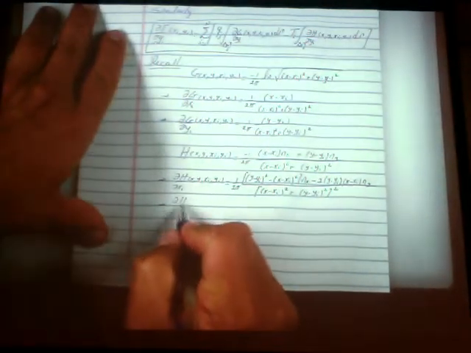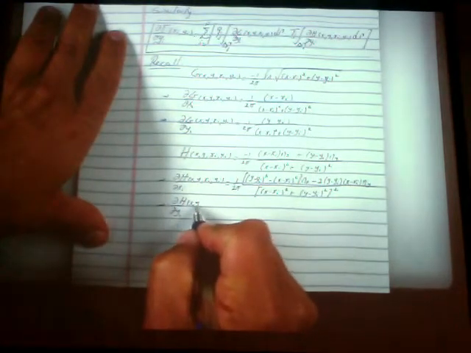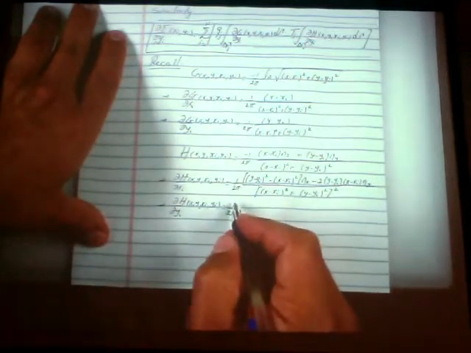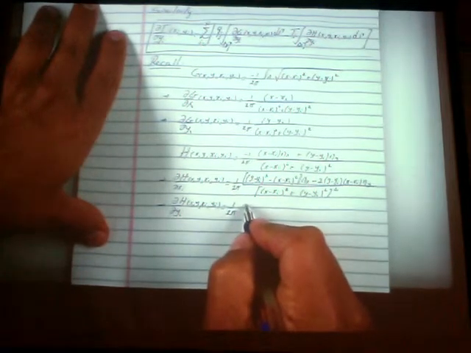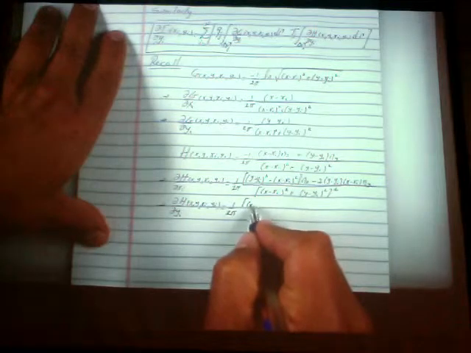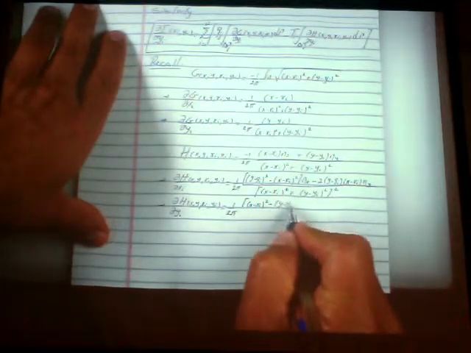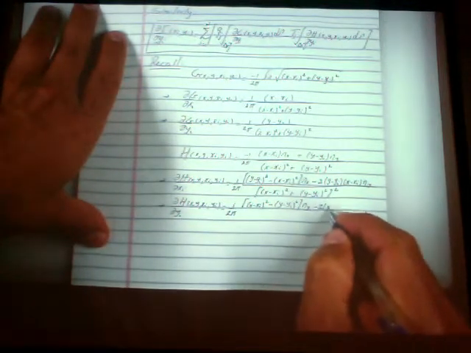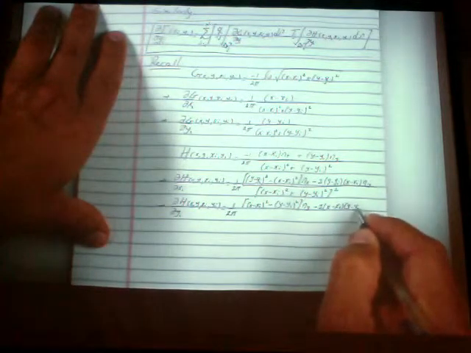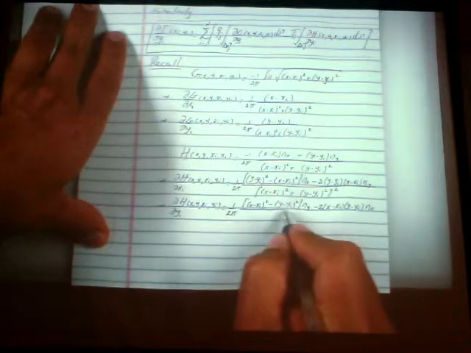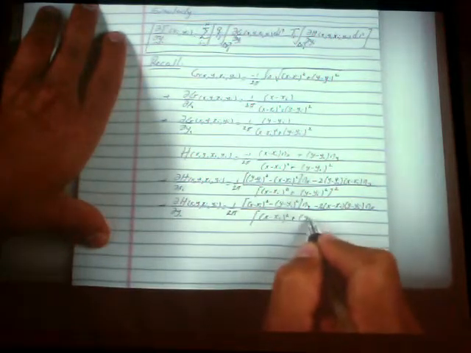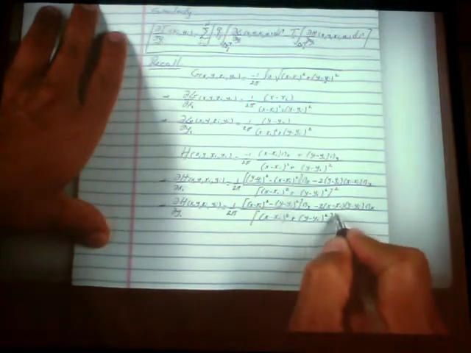And finally, h dyi is equal to 1 over 2 pi times x minus xi squared minus y minus yi squared times ny, minus 2 times x minus xi times y minus yi times nx, all divided by x minus xi squared plus y minus yi squared, all of this squared.